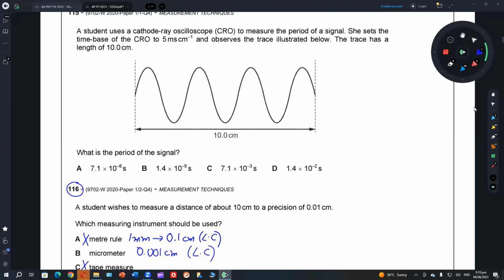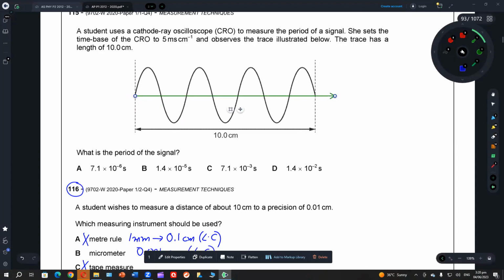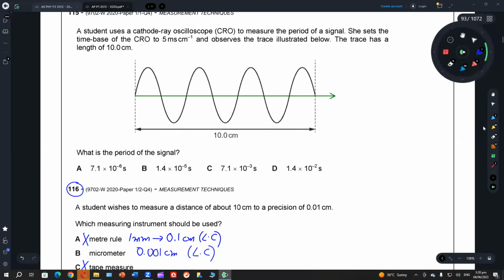A student using a CRO to measure the period of a signal sets the time base of the CRO to 5 millisecond per centimeter and observes the trace illustrated below. The trace has a length of 10 centimeter. What's a period?